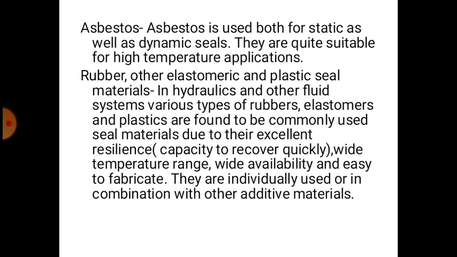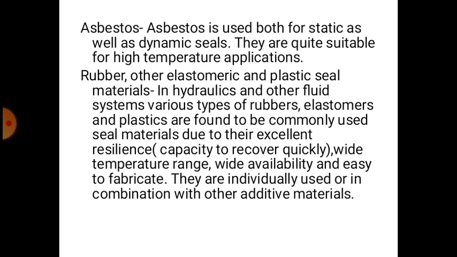Rubber, other elastomeric and plastic seal materials. In hydraulics and other fluid systems, various types of rubbers, elastomers and plastics are found to be the more commonly used seal materials due to their excellent resilience, meaning capacity to recover quickly, wide temperature range, wide availability and ease of fabrication.